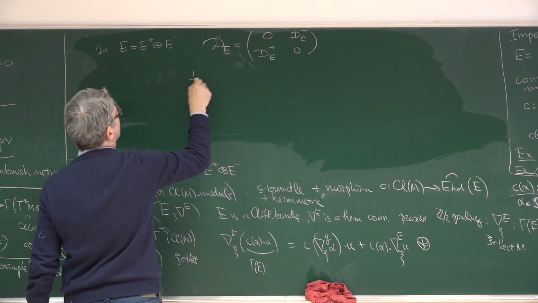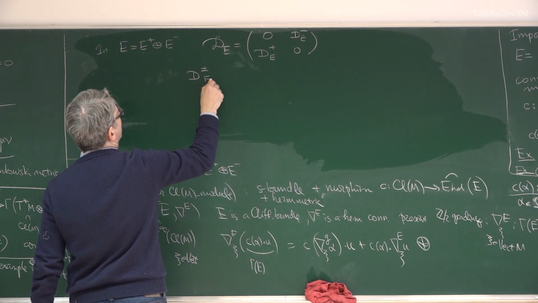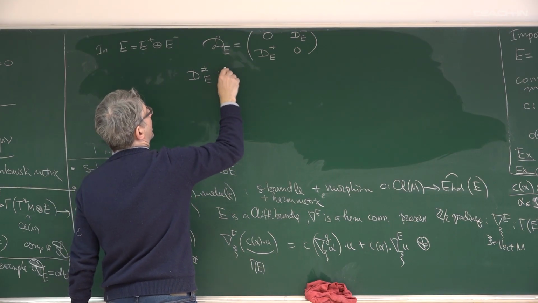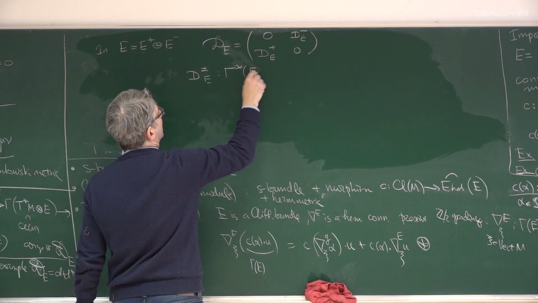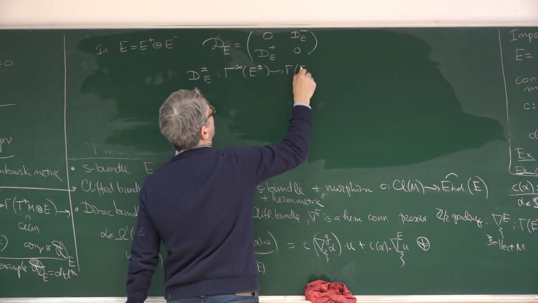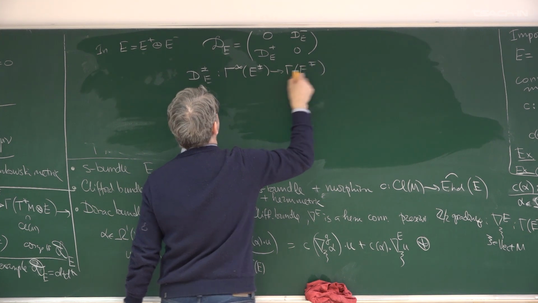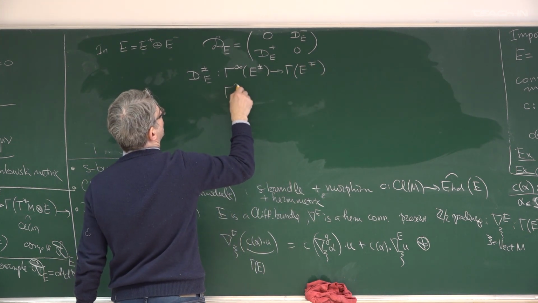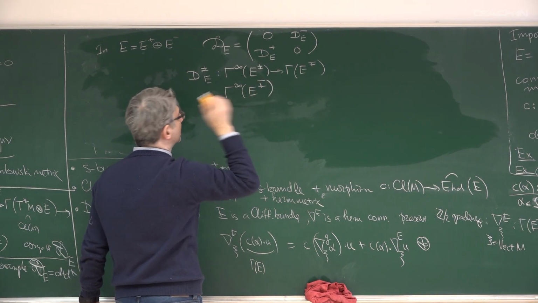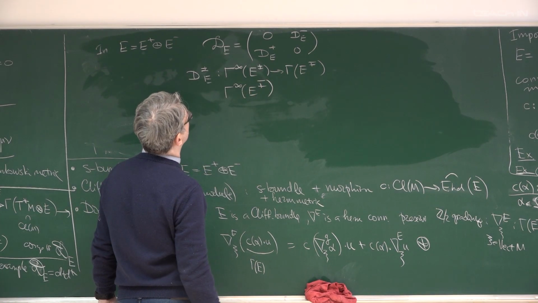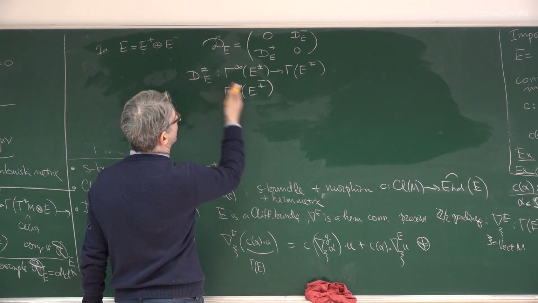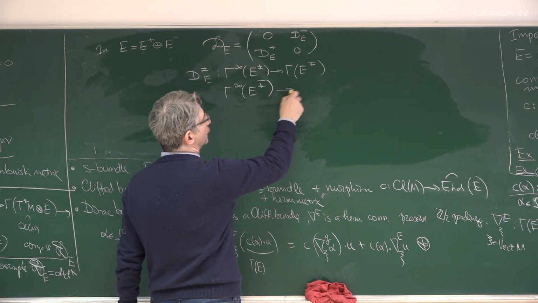So these two operators map sections of E^+ to sections of E^-, and sections of E^- to sections of E^+. The plus doesn't act on sections of plus, so it goes to 0.